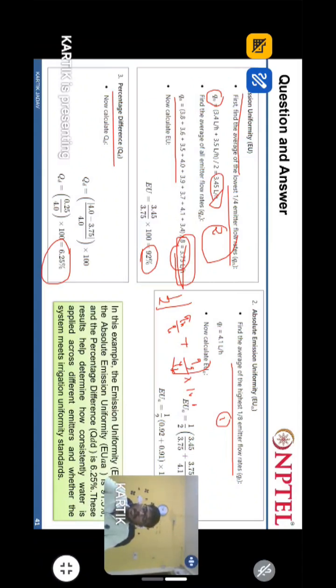Emission uniformity is 92%, absolute emission uniformity is 91.5%, and percentage discharge QD is 6.25%. This result helps to determine how consistently water is applied across the different emitters and whether the system meets irrigation uniformity standards or not.